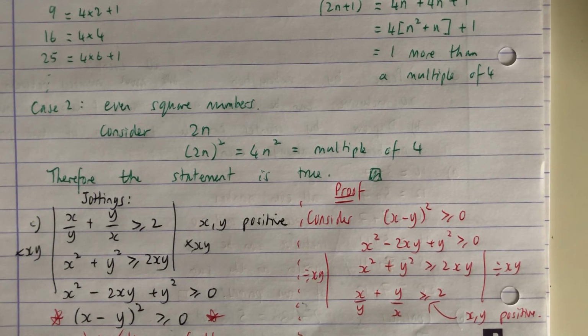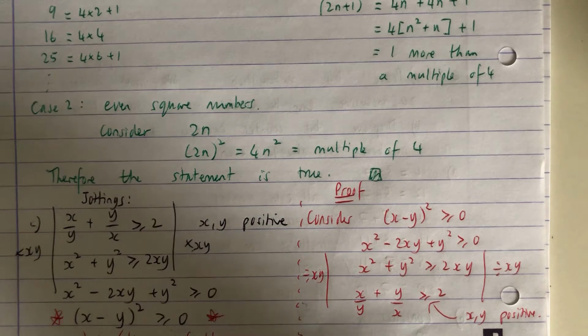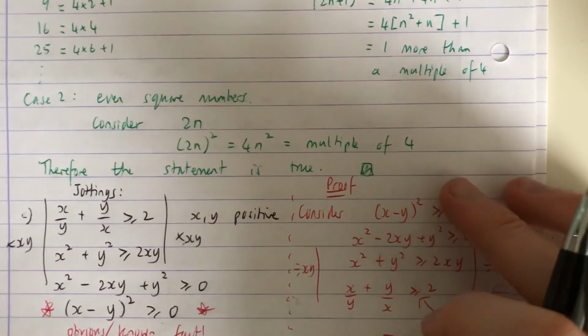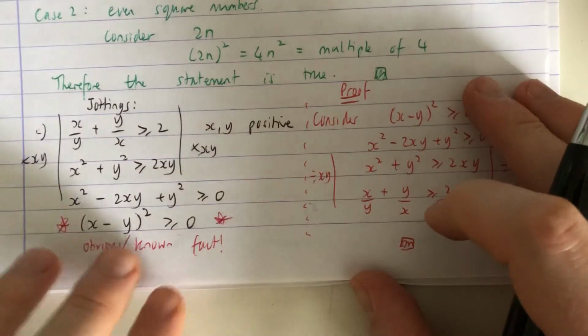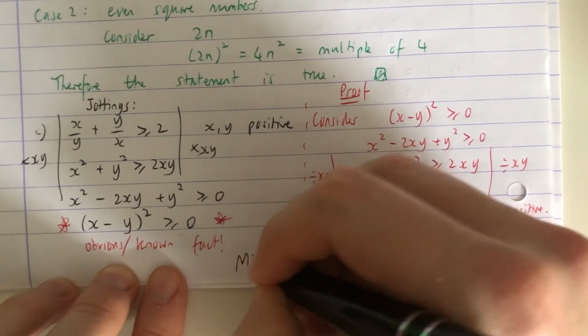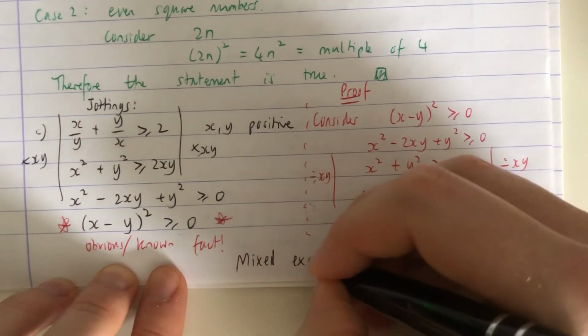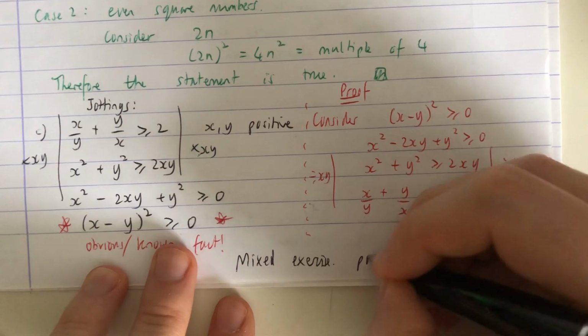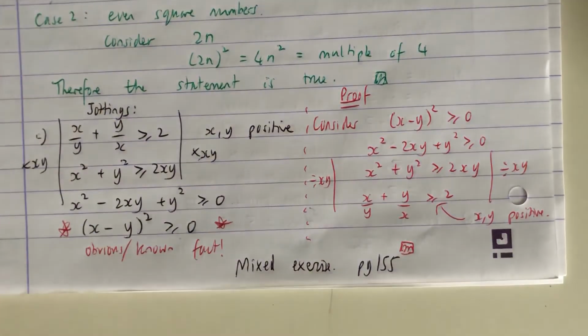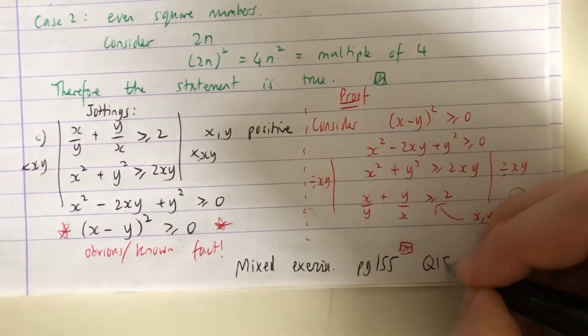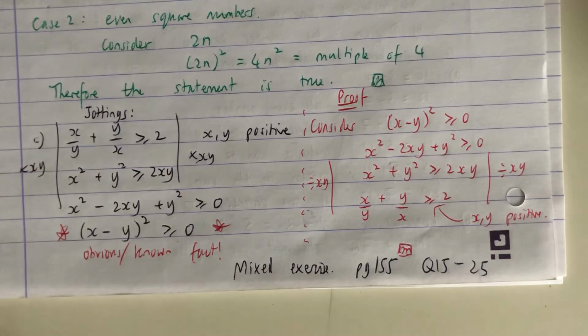Now the questions I'd like you to do are from a mixed exercise on page 155. Start at question 15, and these questions go up to 25, and just try a mixture of these types of questions.